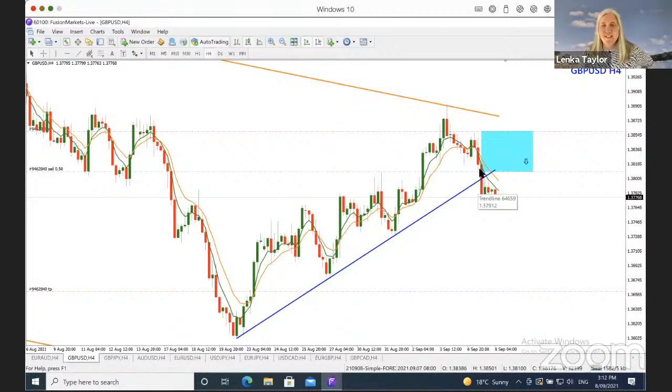Don't panic. First rule of trading. Yes. So once you get in, I always set the targets, 1 to 1, 2 to 1, and 3 to 1 initially, and then see what happens.